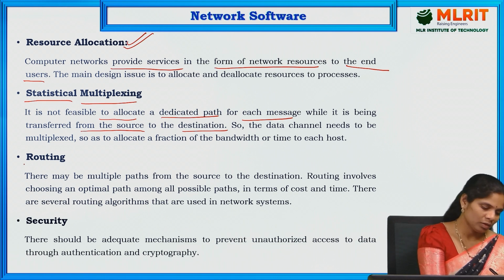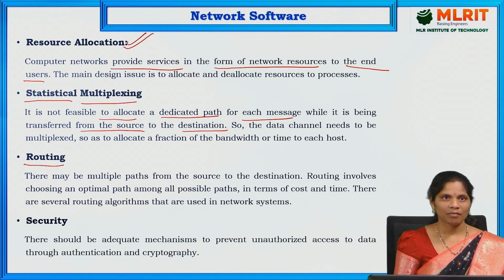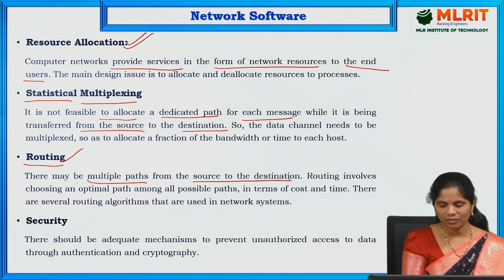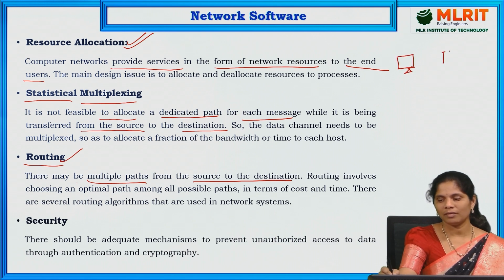And coming to the next design issue, routing. What is routing here? Routing means providing multiple paths from source to destination. Suppose this is the source and this is the destination.